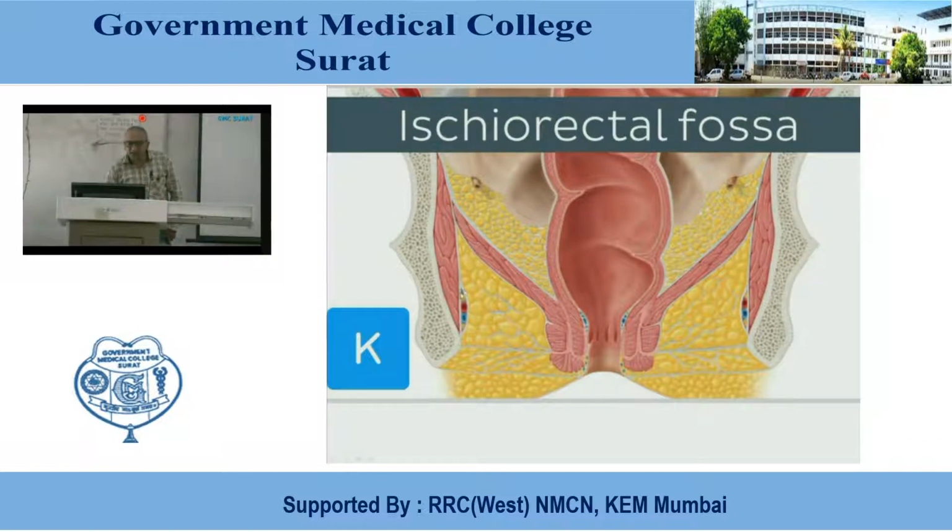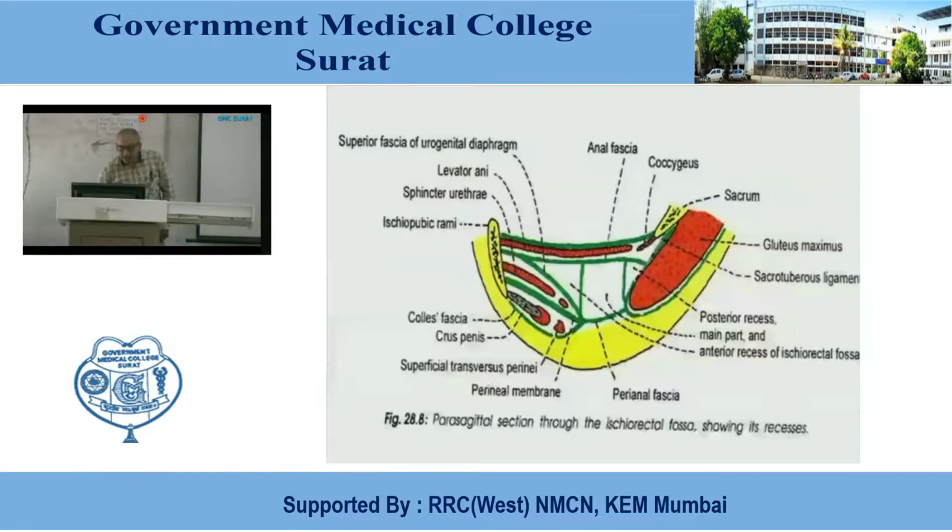Here it's a canal, and this canal contains the important neurovascular bundle of the perineum, and this canal is known as the pudendal canal. So the pudendal canal is located in relation to the lateral wall of the ischiorectal fossa, and let's have a schematic representation.